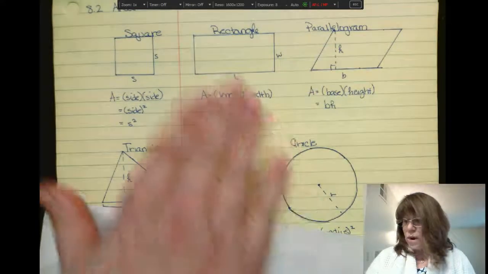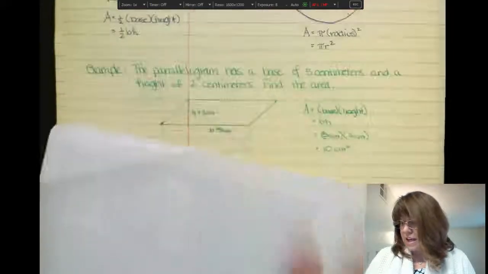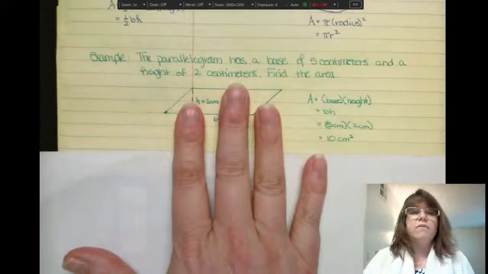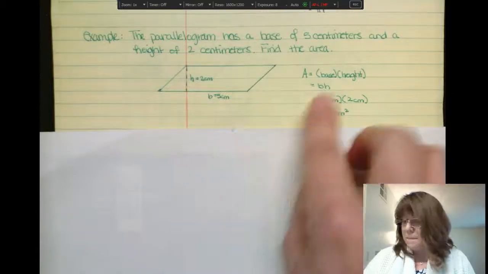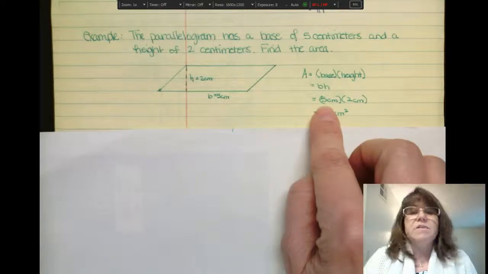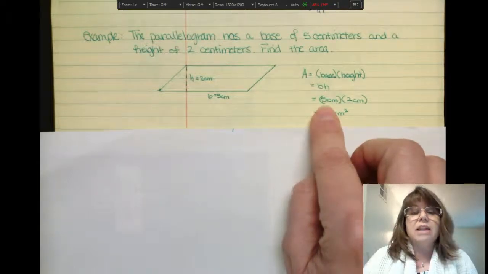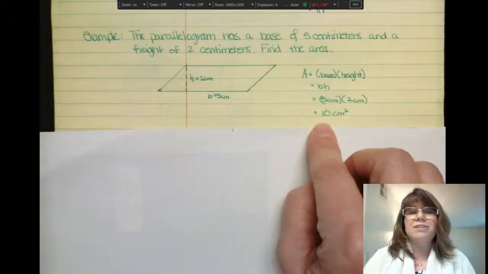Think of it as a rectangle kind of skewed a little bit. So we're going to use our formula for the area of a parallelogram, which is base times the height. In our situation, the base is 5 centimeters and the height is 2 centimeters. So 5 centimeters times 2 centimeters is 10 centimeters squared.